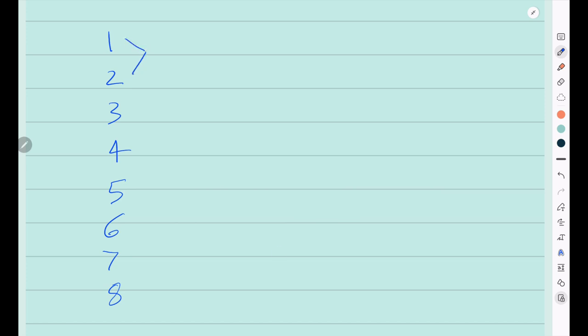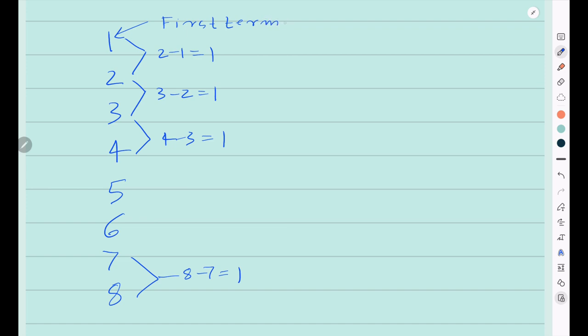The difference between these two numbers is 1 everywhere. Here also, the difference between 7 and 8 is 1. And then we can consider this as the first term. Okay, so that is quite clear.